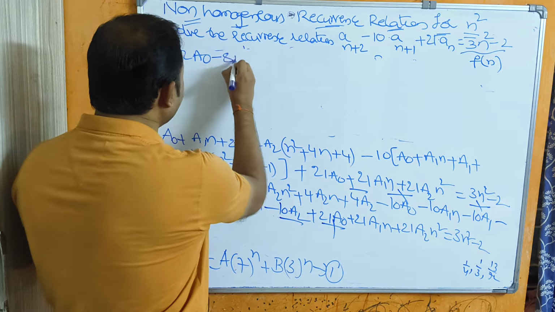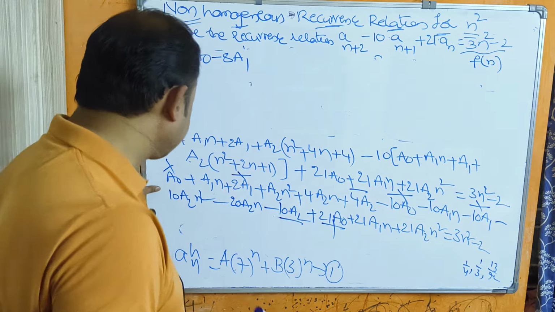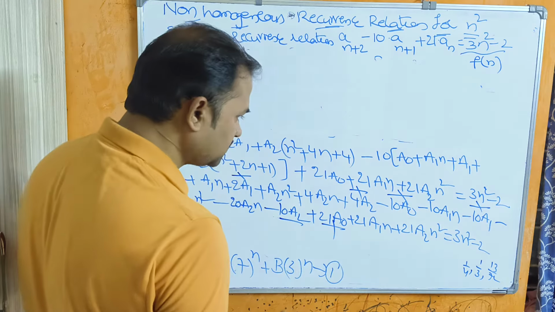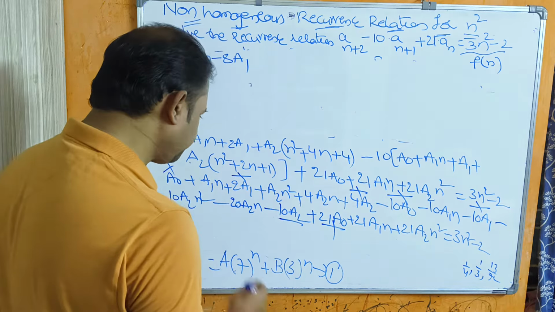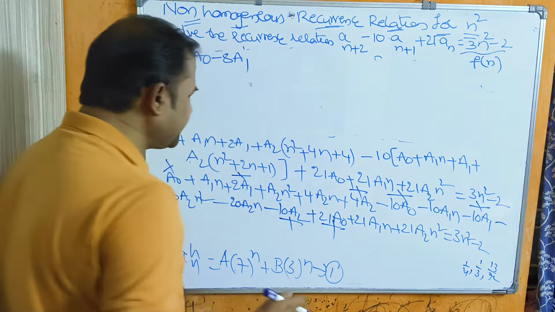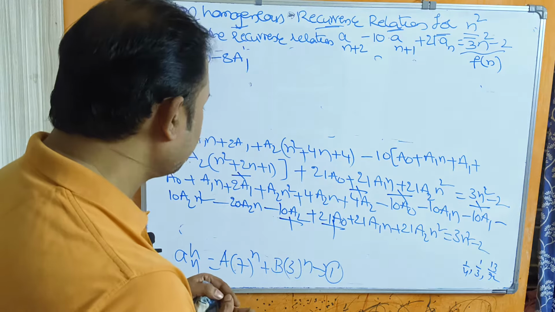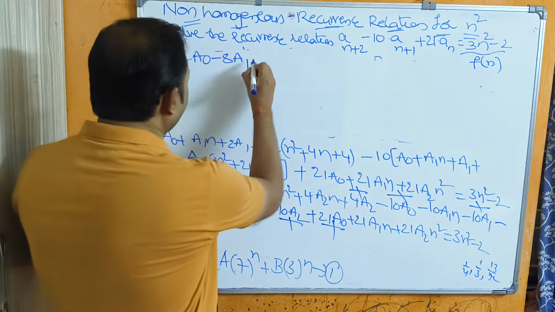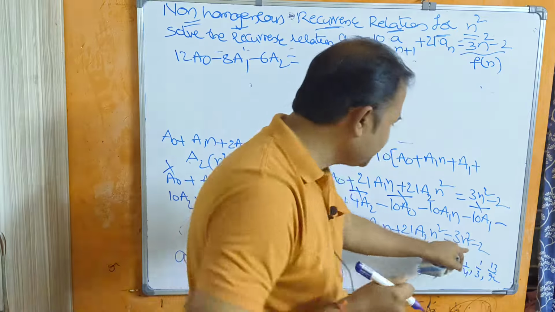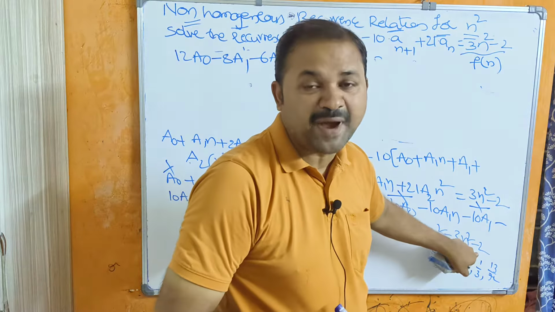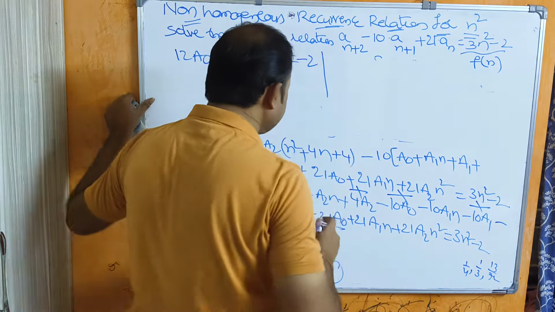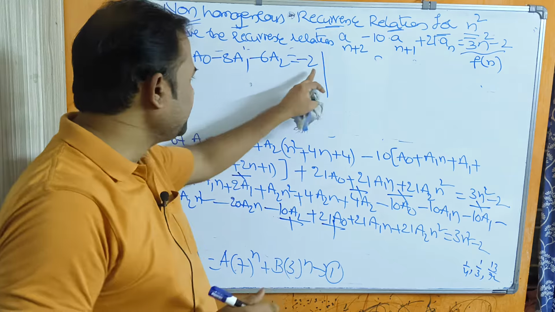Next, if you consider a2, 4a2, minus 10a2. Minus 10a2 plus 4a2 means minus 6a2. Minus 6a2 is equal to, here in the right hand side, what is the constant part? Minus 2 is constant part. So we can equate minus 2 here. So this constant part is equal to minus 2.